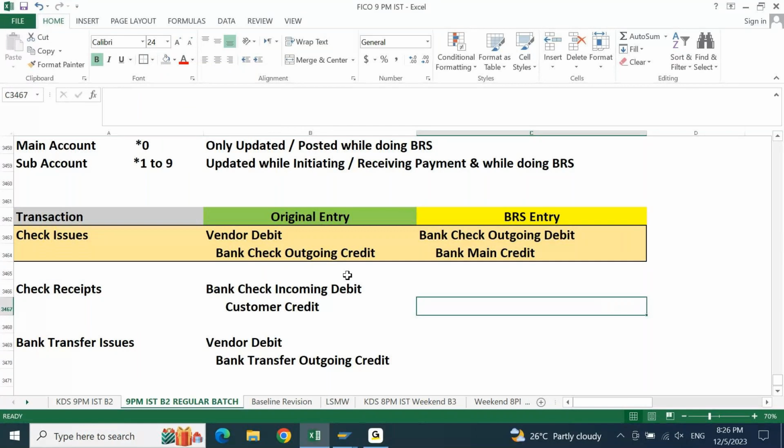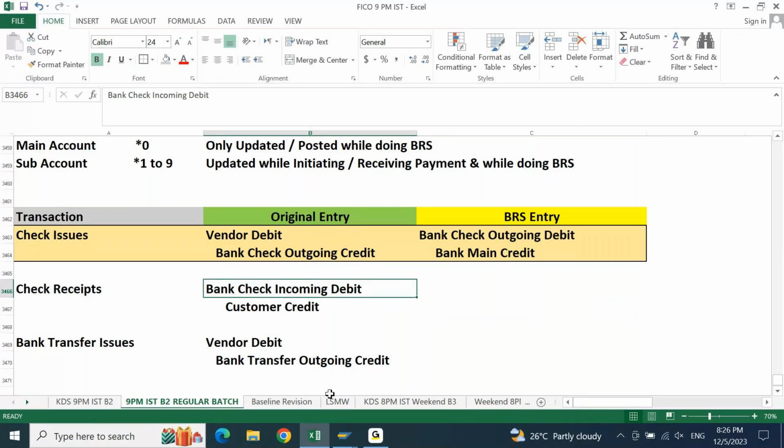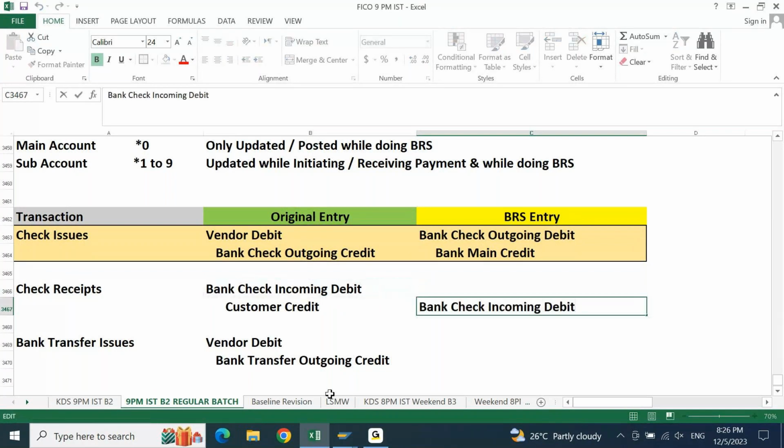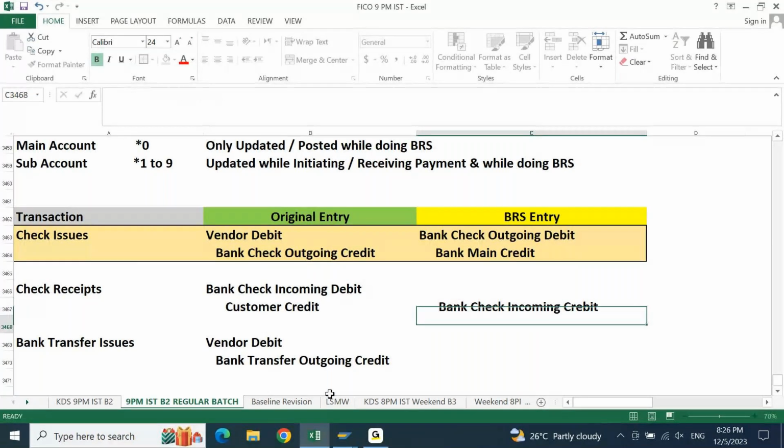Similarly, in case of any check receipt, the same logic applies. If you have the bank sub account on the debit side, the same bank sub account will take the opposite position. I'll take this to the opposite position: debit becomes credit. I'm just replacing debit with credit. Now the same position is replaced by the main account.